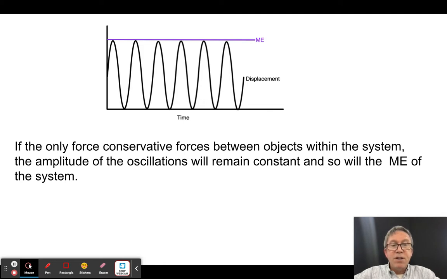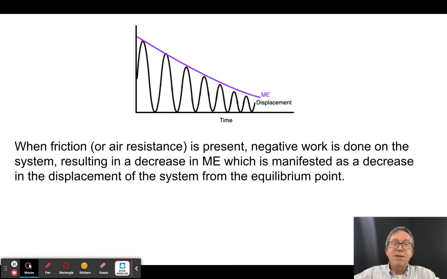So if I don't have damping, a line for mechanical energy is going to be constant across, and it's going to touch the tips of all of these apexes that I have here. But in a damped system, I'm going to get something like this. And this graph took me so long to make. You better appreciate it.